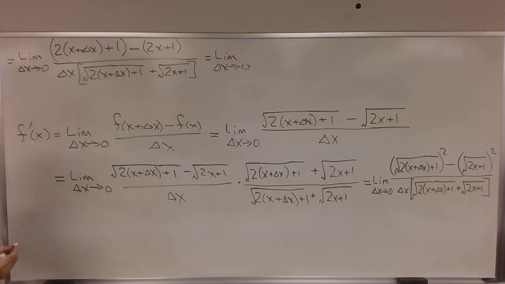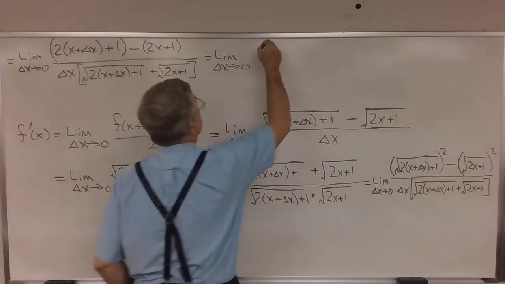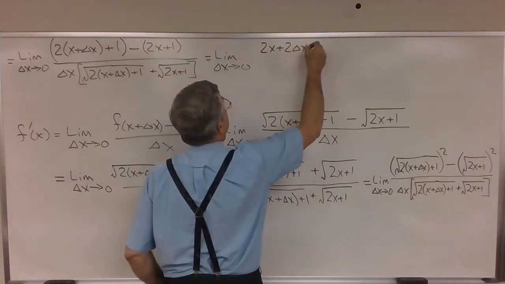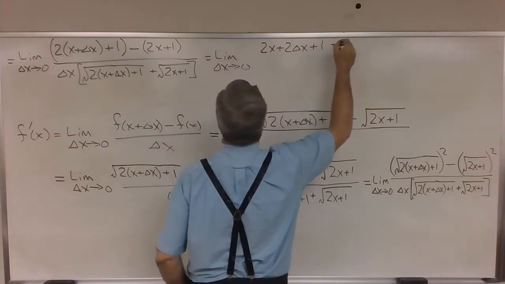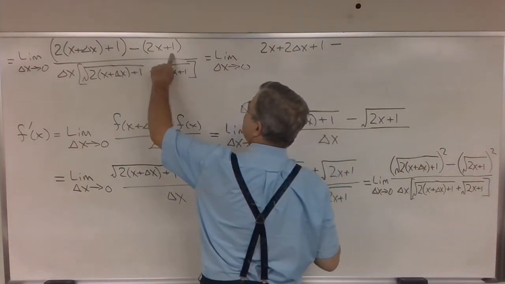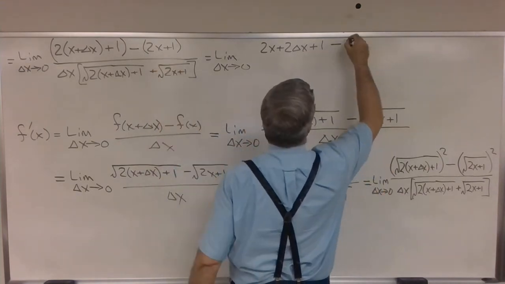And I guess the last thing that I have to do is distribute this 2 inside the parentheses. So I'll get 2x plus 2 delta x, and I'll distribute the negative sign inside this set of parentheses. So I'll get negative 2x minus 1.